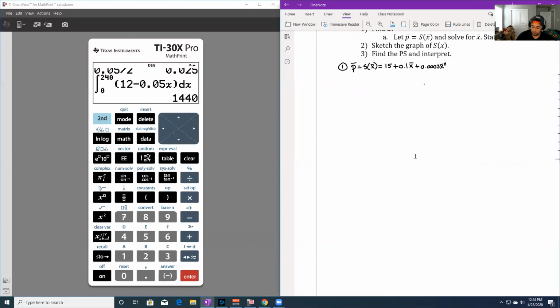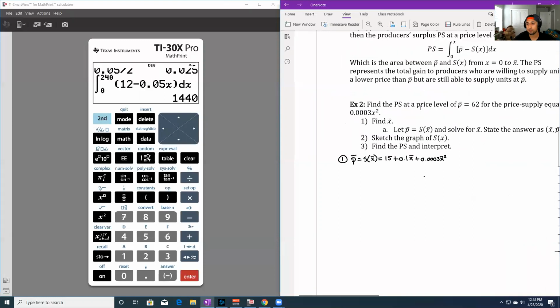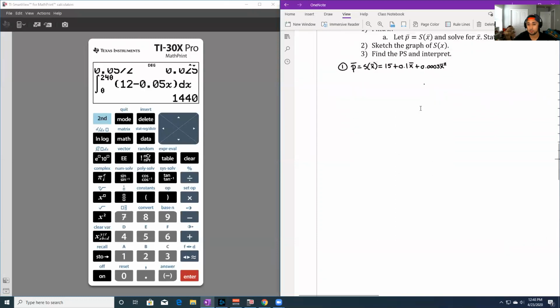Okay, and now we know that P bar is 62. So let's plug that in. So we get 62 equal to 15 plus 0.1 X bar plus 0.0003 X bar squared.